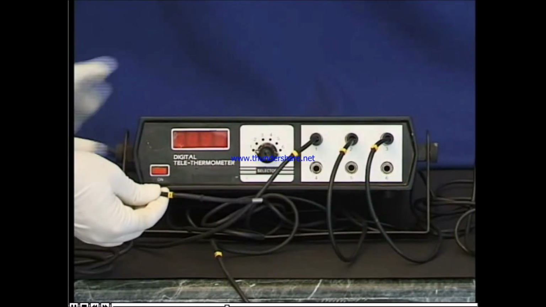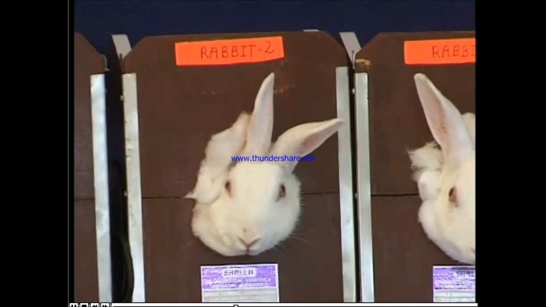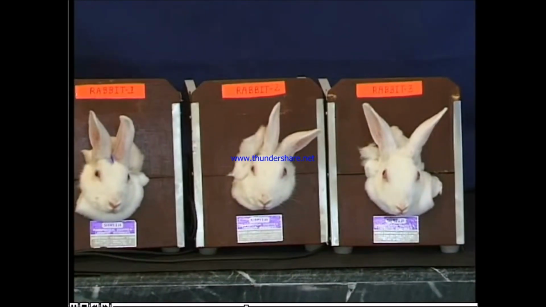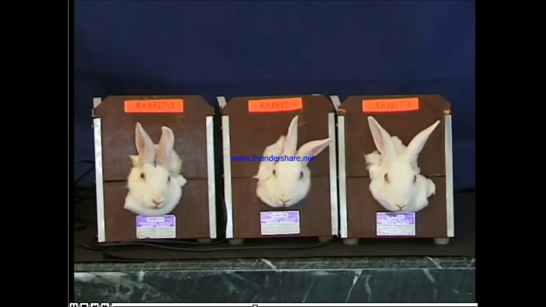To check the test sample for pyrogen, always select 3 healthy rabbits of either sex. These animals must be previously conditioned and housed according to IP. Place the animals individually in rabbit holders.